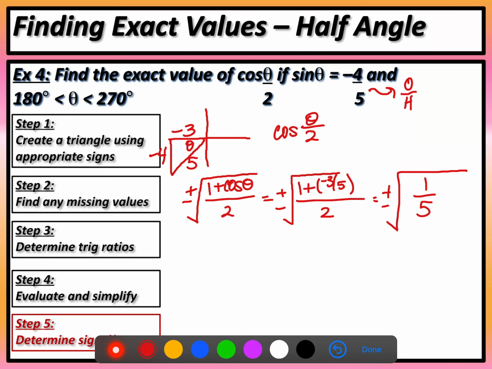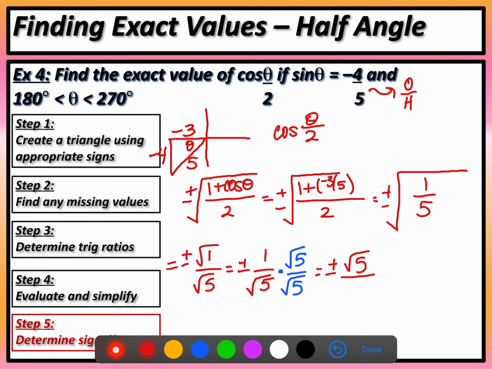Square rooting a fraction, you can square root the top and square root the bottom. So square root of 1 is 1. Can't do square root of 5. And I also now need to rationalize that, because I'm not going to leave a radical in the bottom. So that's my final value, square root of 5 over 5.